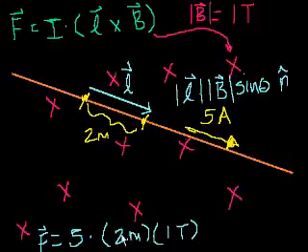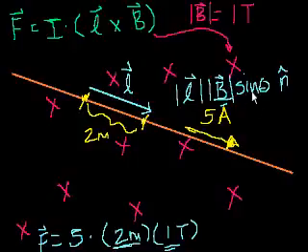So we already did the magnitude of the distance vector. That was 2 meters. We did the magnitude of the magnetic field. And what's the sine of the angle between them? Well, the magnetic field is going into the screen. It's going straight into the screen. You could imagine a bunch of arrows just shooting into the screen. Those are the vectors. While our distance vector, L, is in the screen, they actually are perpendicular in 3 dimensions.